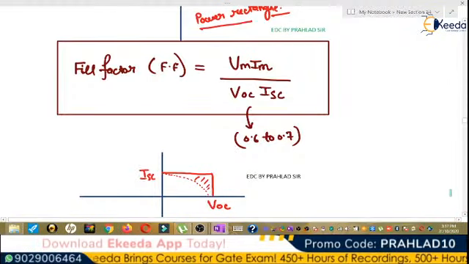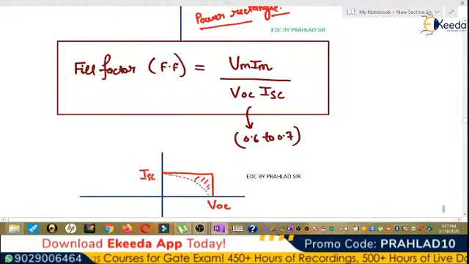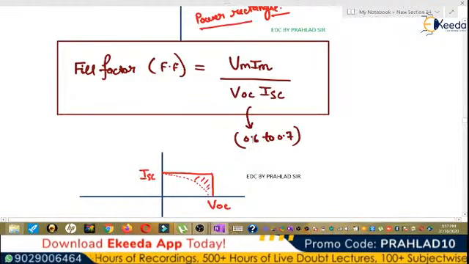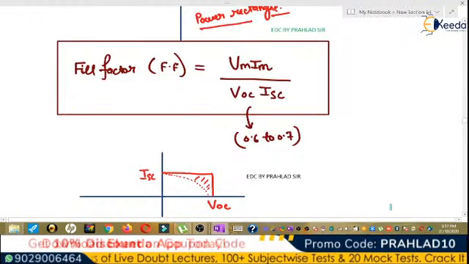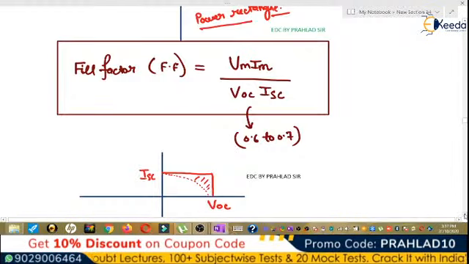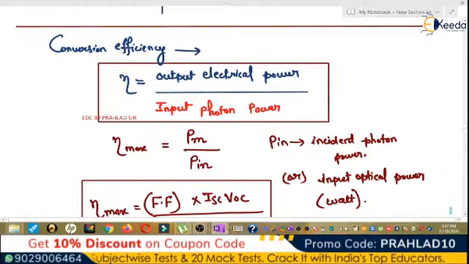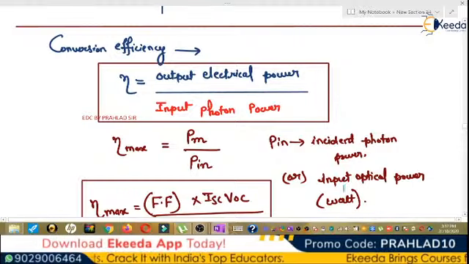And the fill factor is defined as Vm Im by VOC into ISC, and this fill factor lies between 0.6 to 0.7. Now to define the conversion efficiency: conversion efficiency is output electrical power divided by input photon power.